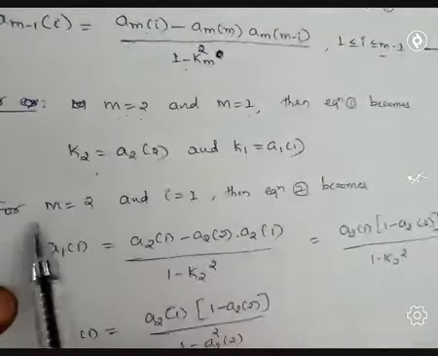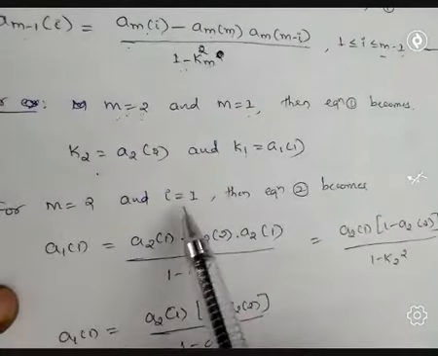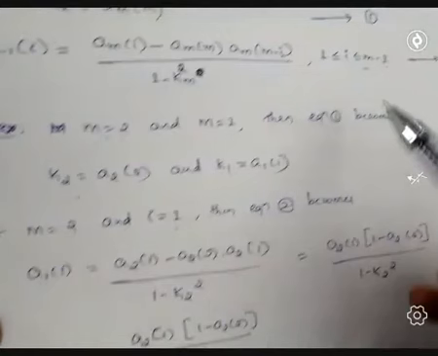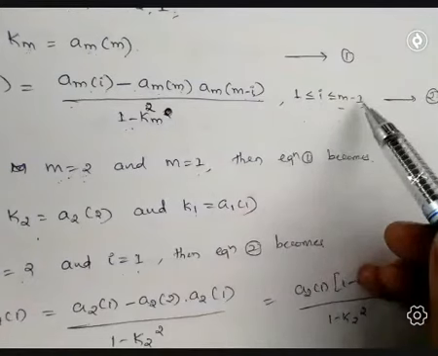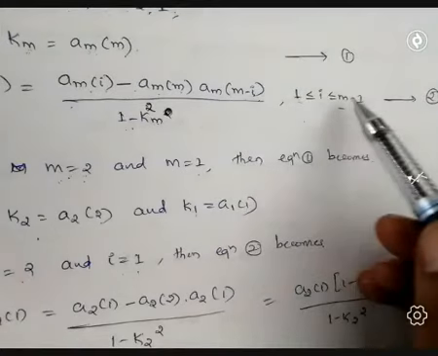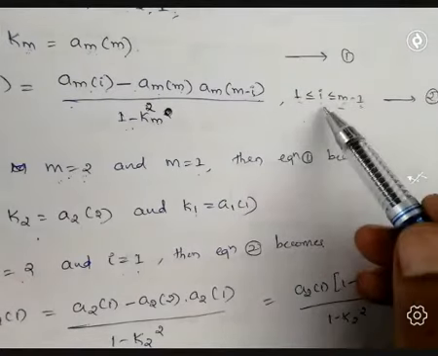For M equal to 2 and i equal to 1, because the value of i varies from 1 to M minus 1, and here M is 2, so 2 minus 1 means i stands only for 1.